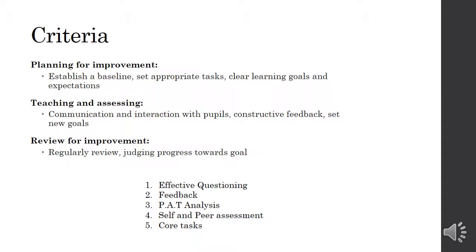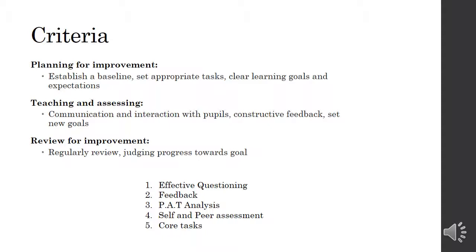The criteria for AFL is planning for improvement, so this from the teachers is to establish a baseline with the learner, to set appropriate tasks, and make sure it's understood with the clear learning goals and expectations of the learner. The teaching and assessments require communication and interaction with the pupils to offer constructive feedback and set new goals as they are achieved.